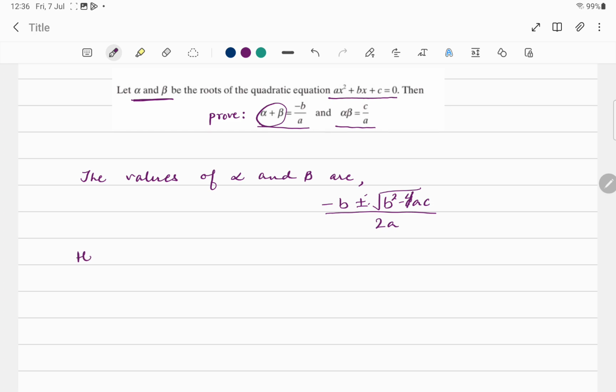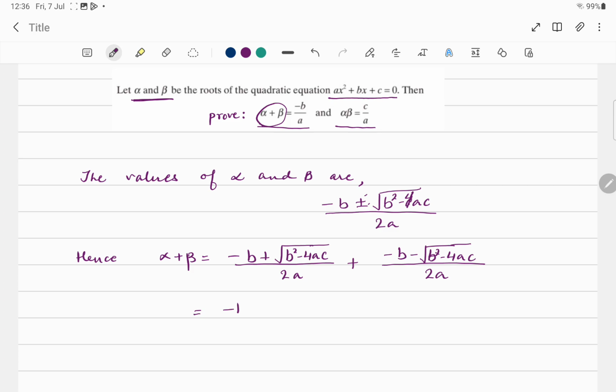So let's do that. Alpha plus beta will be equal to minus b plus square root of b square minus 4ac over 2a, plus minus b minus square root of b square minus 4ac over 2a. Okay, so now we try and simplify as much as we can.